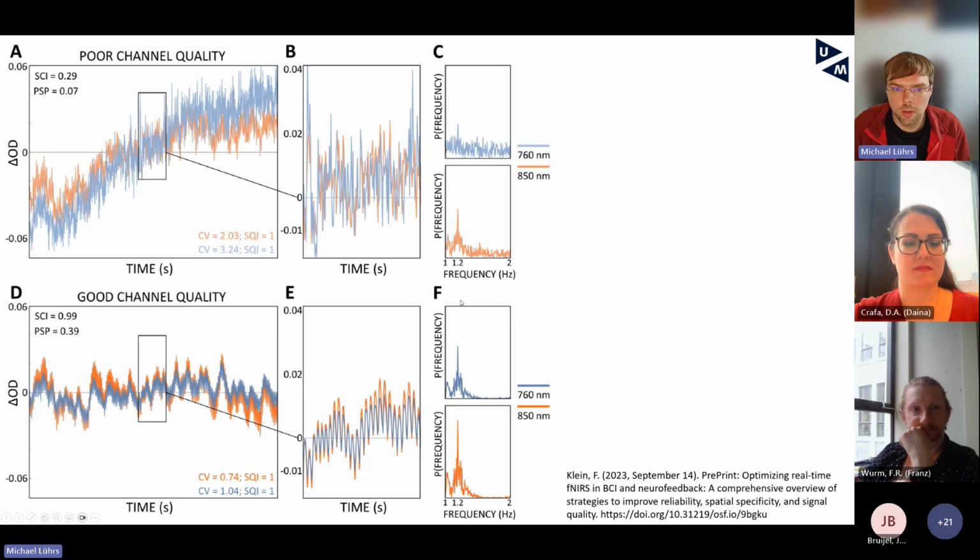Looking at the frequency spectrum of these two components, you can see that they are rather similar in certain frequencies. You can see that the amplitude is much bigger for the heartbeat component, but there's still something in the signal. So you would be able to just say, okay, this signal looks bad, I just reject it completely. But you could also go one step further and say, okay, I try to correct the data, even though I see there's no direct heartbeat signal in there, which I can set as a requirement.